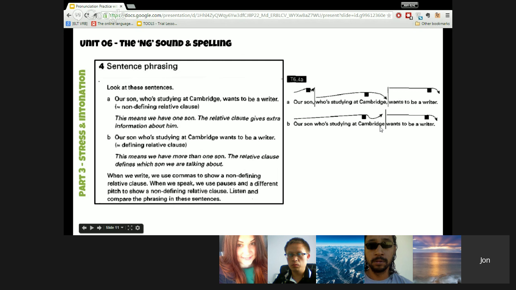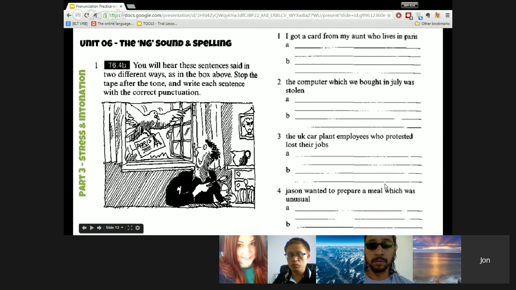Well, I'm sorry, it's not describing Cambridge, it's describing the son, the son who's studying at Cambridge. So maybe which protested? Protested, exactly. Try it. The UK car plant employees who protested lost their jobs.